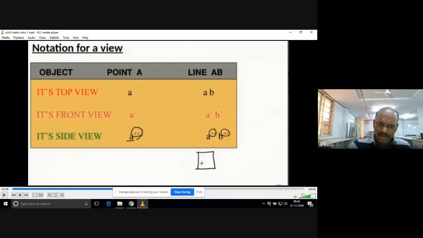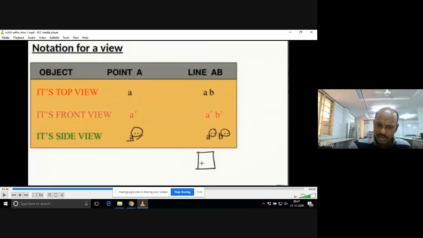So how do we represent these things on the drawing sheet? These are the notations. You need to write them on the drawing sheet. For a point, you take a small letter if it is a top view. If it is a front view, a small letter with a dash, or I can say a prime; a double dash, a double prime.